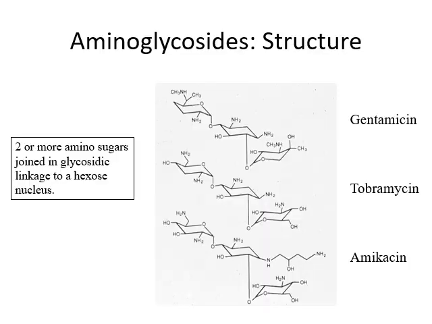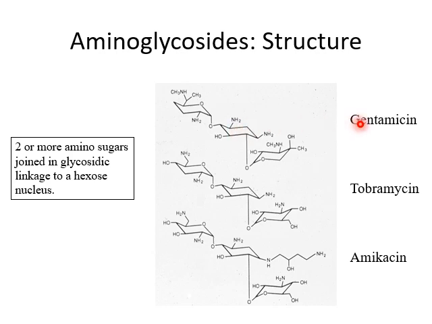So you can guess from the name, those are aminoglycosides. So what do we have here? We have two amino sugars that are joined in a glycosidic linkage to a hexose nucleus.